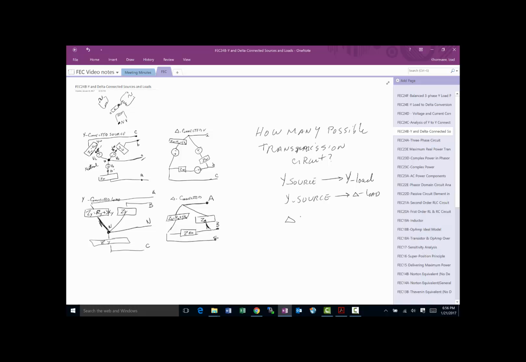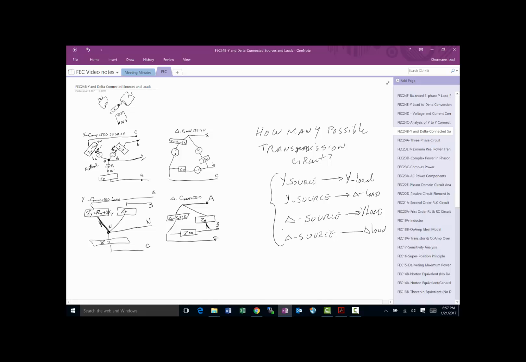Okay, I could have a delta source, and you can kind of see the picture now, could go to a Y load, or we could have a delta source feeding through a transmission line a delta load. So these are the possible cases a transmission system could be set up under.